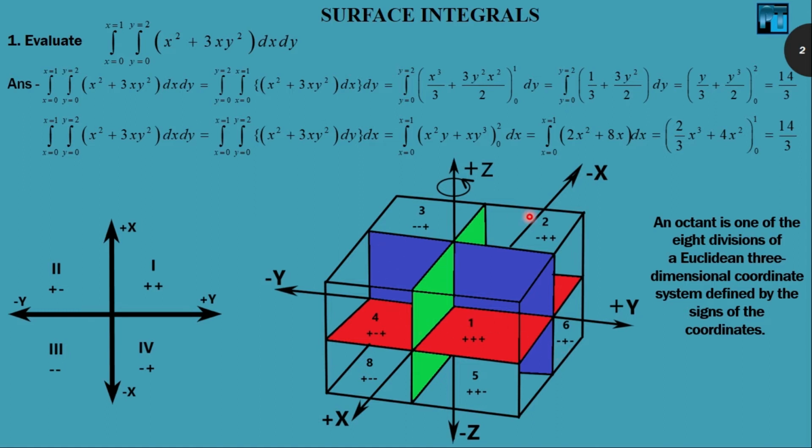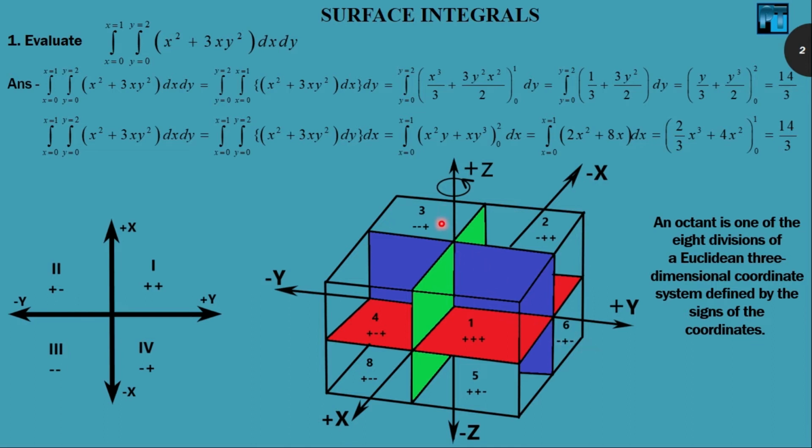Actually in 2D, 3D representation is quite tough. So for our eyes, 7th octant is invisible, but from the notations we can easily infer the signs of the variables.